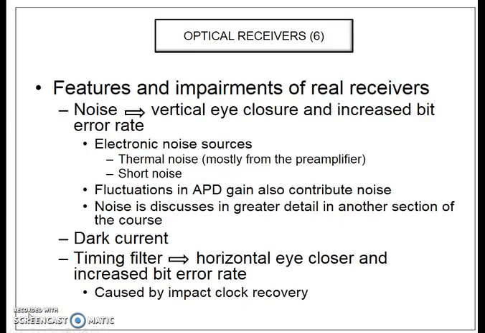Now we are going to look at the impairments of a real receiver. In a real receiver, we are going to have noise. Noise in a receiver comes from thermal noise and shot noise, depending on the amplifier and the photodiode used. Then we have dark current and the timing filter.